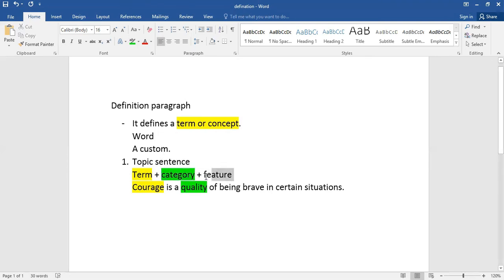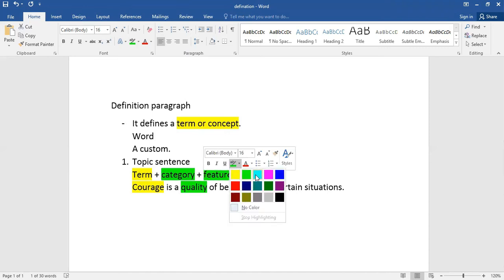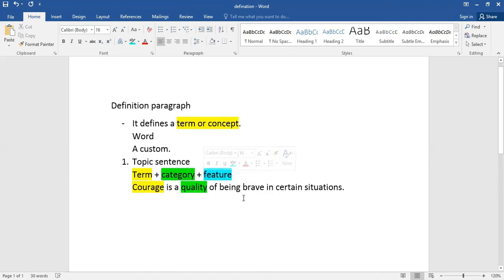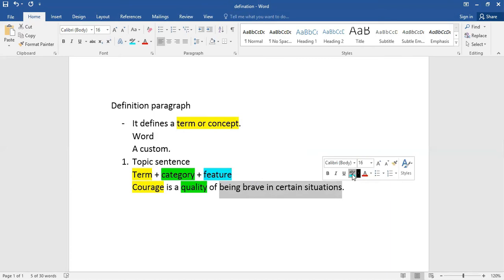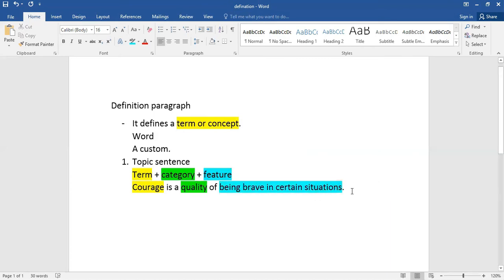What is the feature or characteristic of courage? Being brave in certain situations. It is the important point, the characteristic or feature of courage.